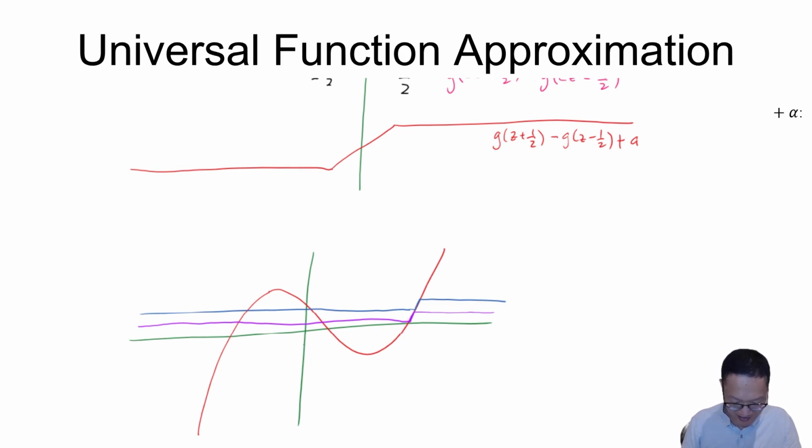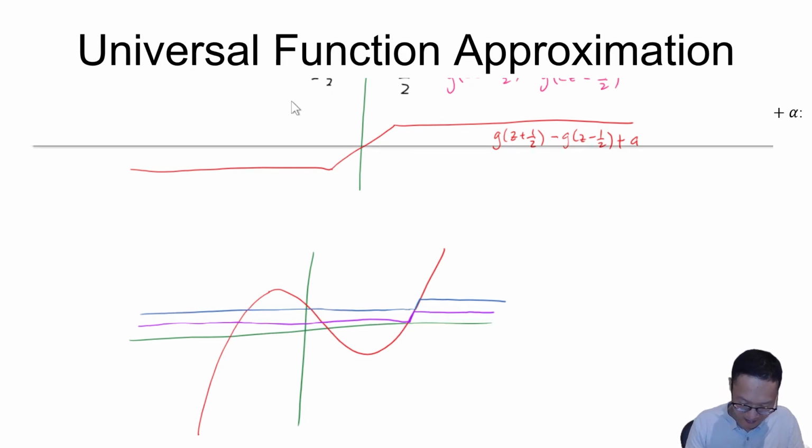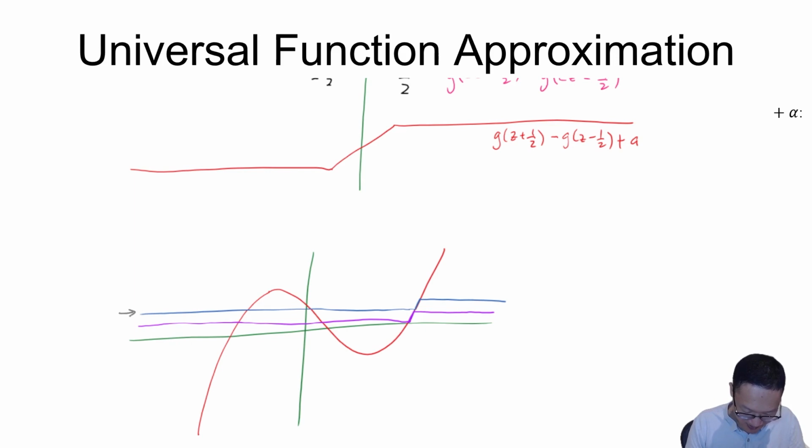Now we can actually add these two functions up. If we add these two functions up, initially we'll have these two parts. We'll be adding these two parts up, so it will be a constant, like that.